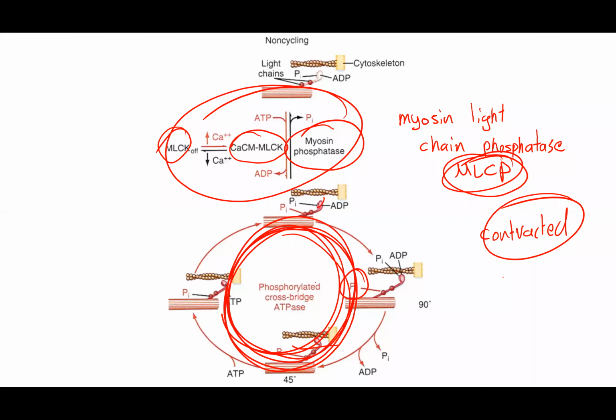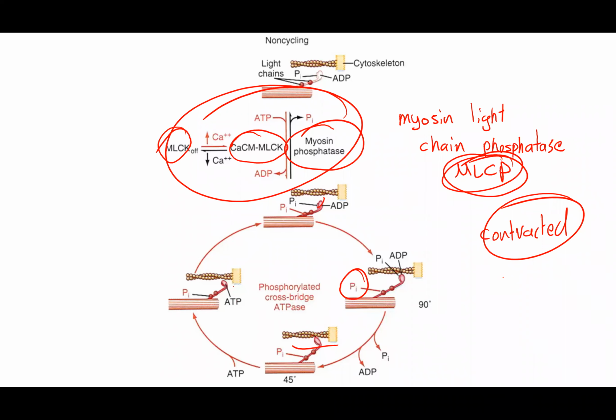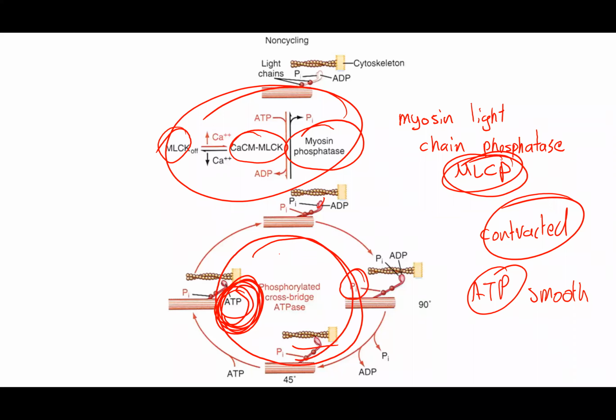The problem is that when it goes through the cycle, it burns through ATP quickly. Every time it goes through the cycle, it's burning ATP, and there's only so much ATP inside the smooth muscle cell before it runs out. So what we need to do is slow down this entire process, but maintain the contraction.